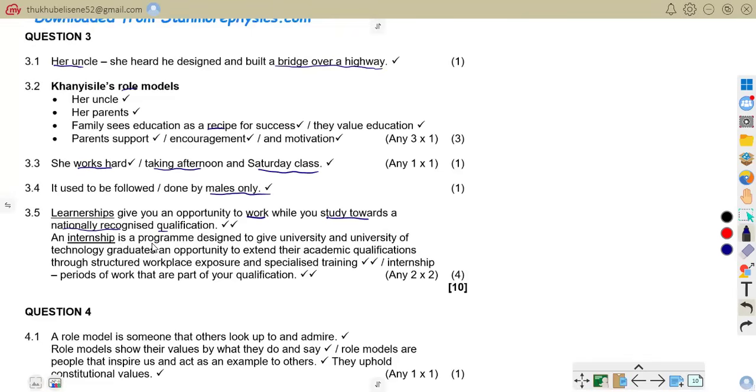But an internship is a program designed to give university and university of technology graduates an opportunity to extend their academic qualification through structured workplace exposure and specialized training, periods of work that are part of your qualification. So with an internship, graduates are given the opportunity to get work exposure for what they are learning.